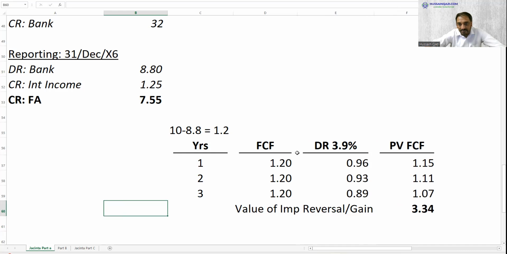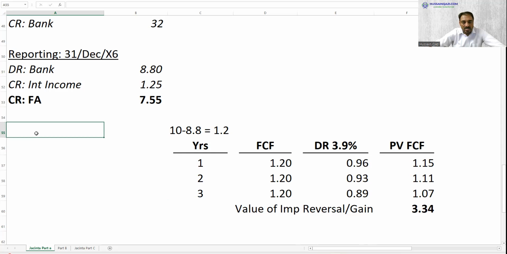This is the point. How to account for it? Yes, this is one very important thing. If I ask you how to make the impairment allowance, what should be your answer? The impairment allowance should be P&L debit and loss allowance credit. But here the point is the impairment gain.